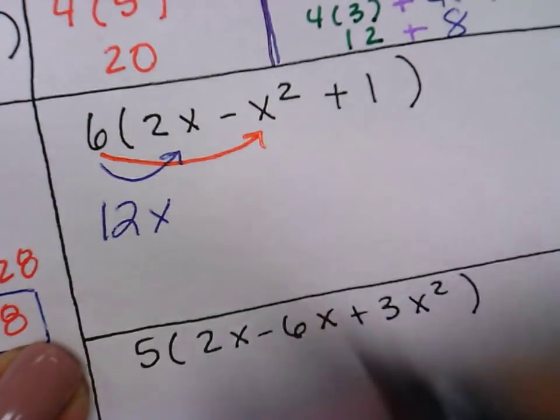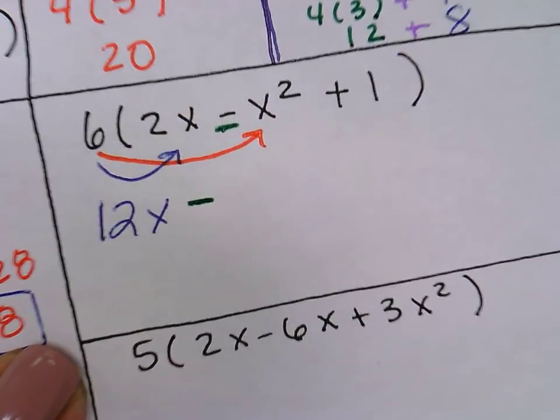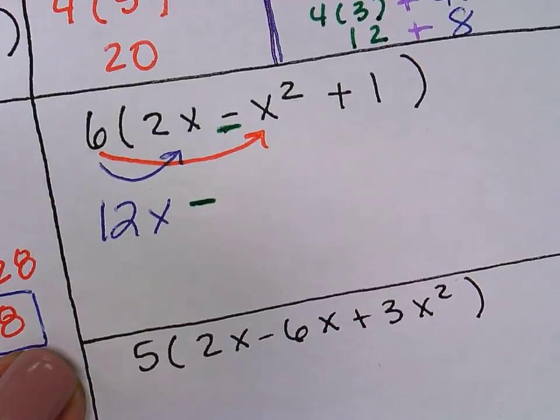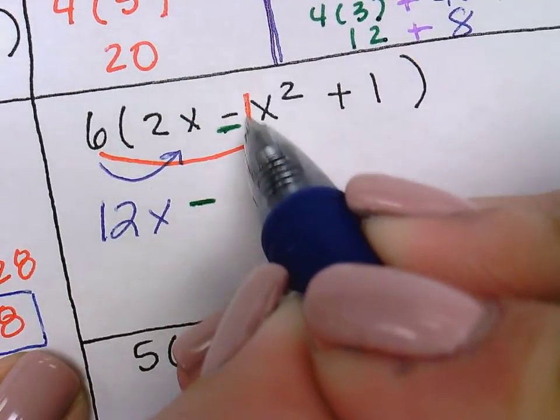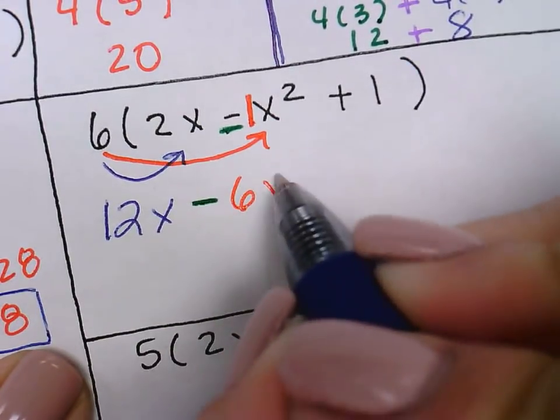Don't forget to bring down your symbol, minus. And 6 times x squared, you could do x squared plus x squared plus x squared 6 times, or you can do 6 times, and there's always an invisible 1, remember? If there's no coefficient in front of a variable, it's just 1. So 6 times 1 is 6x squared.